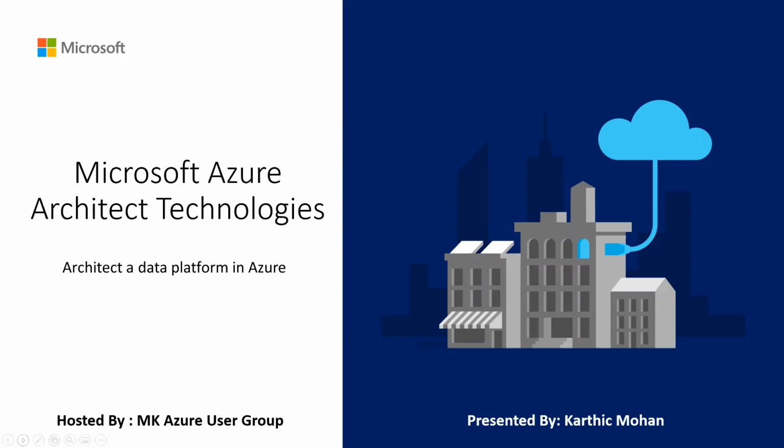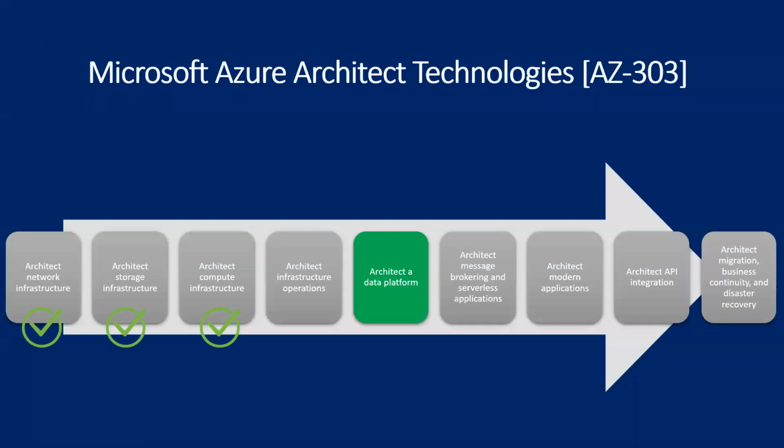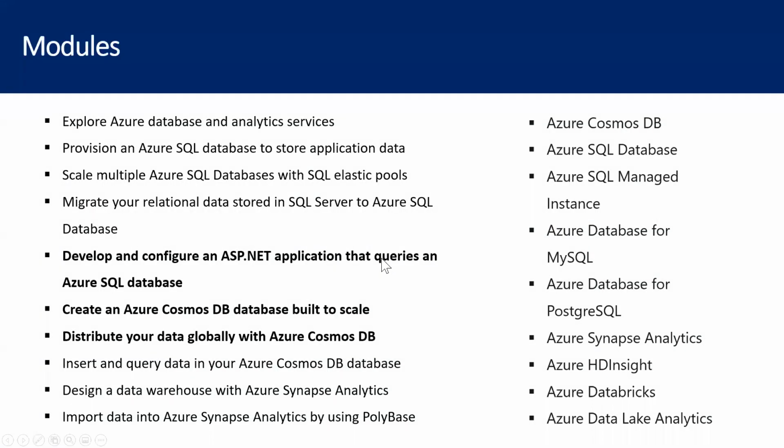Let me take you to the topics, where we stopped. Most of the areas we covered, and we are going to finish the data platform architecture. So the highlighted area is the one we stopped previously, and I think the ASP.NET application talking to Azure SQL DB for transaction, which we have done a demo when we talk about the web.